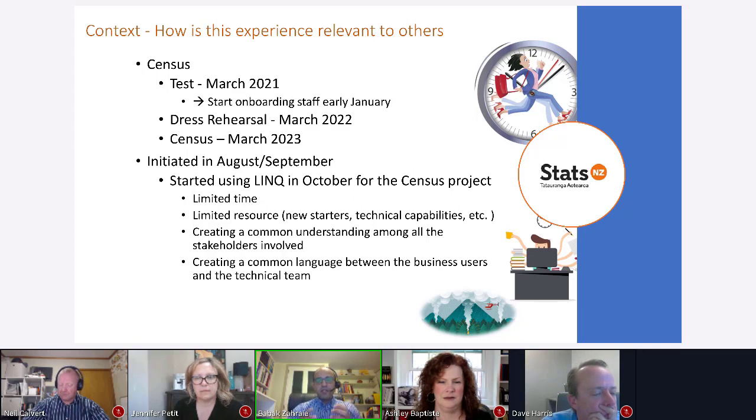So this is where LINQ really helped us to facilitate the conversation among stakeholders. It gives us a tool where we could talk on visual presentation with the right level of detail and discuss it with various stakeholders.